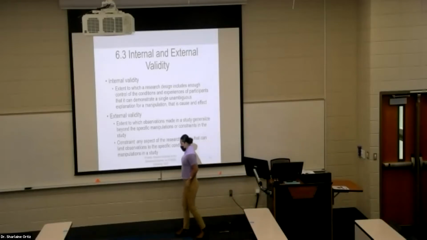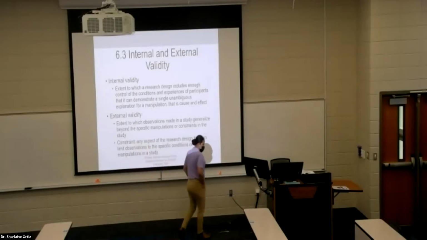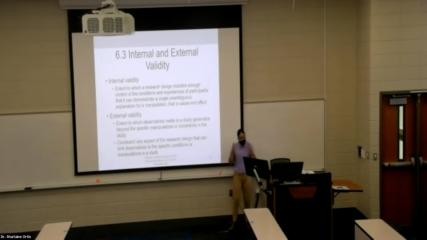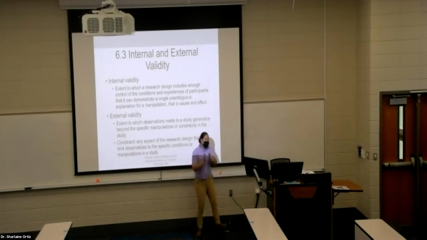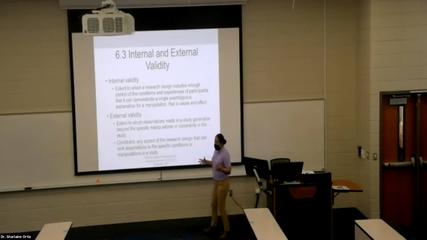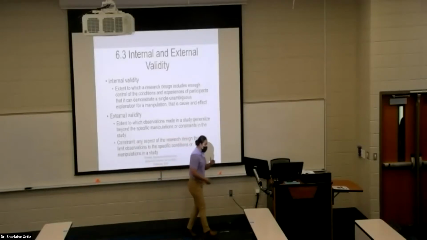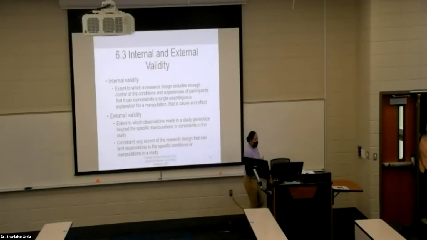So for example, a ruler is a valid measure for inches, right? But a thermometer would not be a valid measurement for inches. So that's what we mean by validity. Is this measurement, is this tool, is this construct actually measuring what it is set out to measure, right? You know that thermometers are really reliable, but if I tried to measure inches with a thermometer, it wouldn't be valid, right? So that's what we refer to in a very basic sense of what validity is.